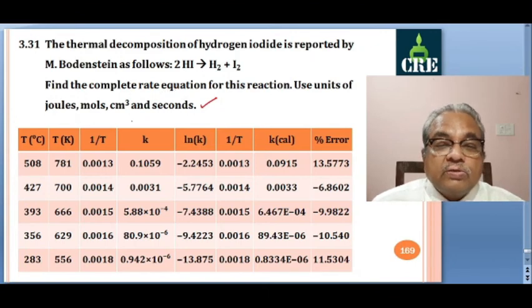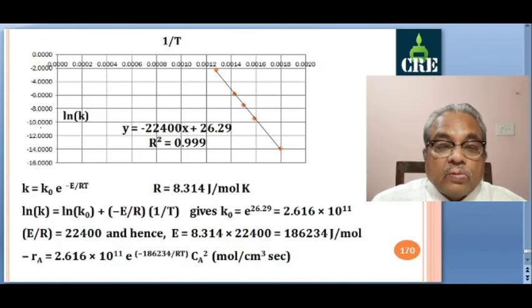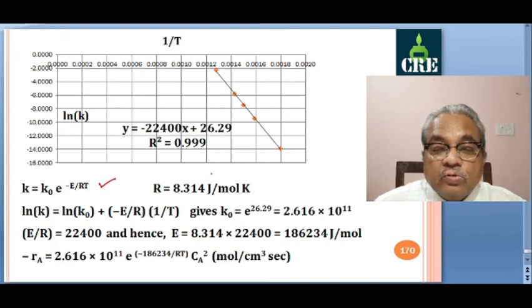So what is given is K value is given and temperature is given in degrees Celsius. So what do we want? We know this Arrhenius law, K is equal to K0 into e raised to minus E by RT. Here we want to find in terms of joules, one of the energy units is joule.